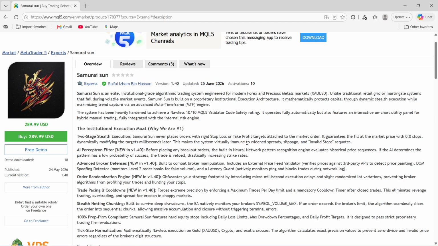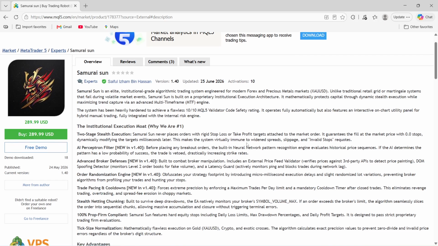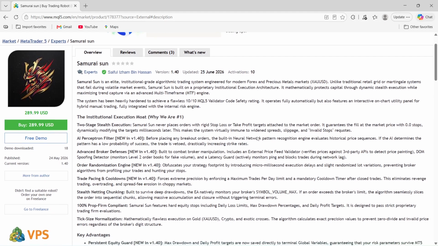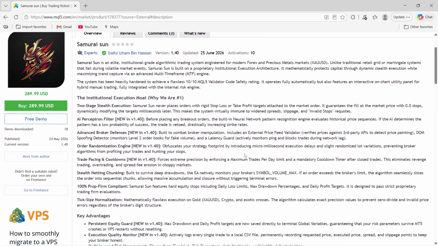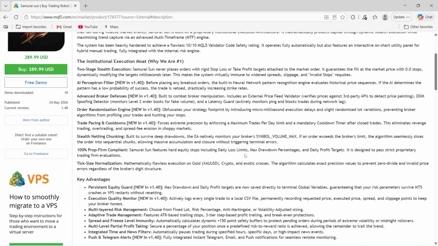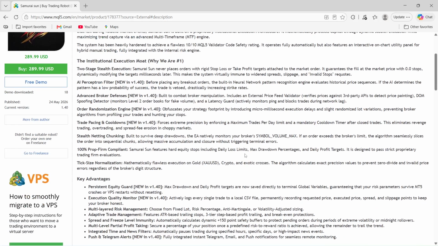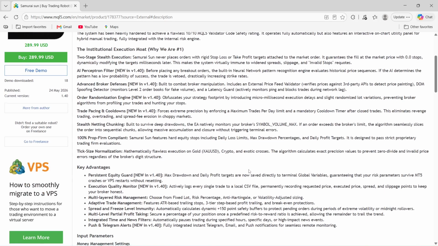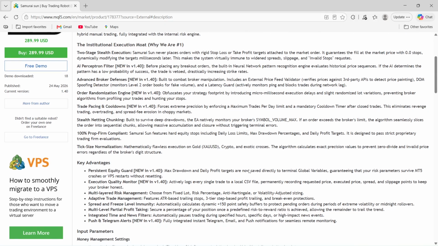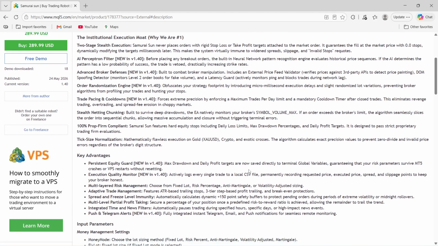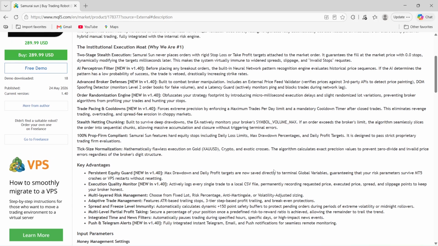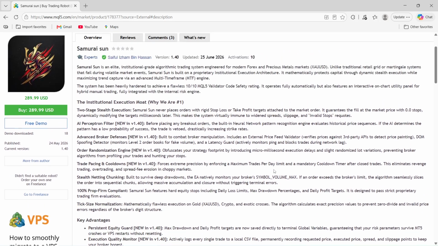It includes an AI perceptron filter for pattern validation and multiple broker defense mechanisms like price validators, spoofing detectors, and latency guards. The system incorporates multi-time frame trend analysis, dynamic risk management, and strong prop firm compliance features like daily loss limits and equity guards. It's designed for Forex and Gold with adaptive trade management, including ATR trailing and partial closes.